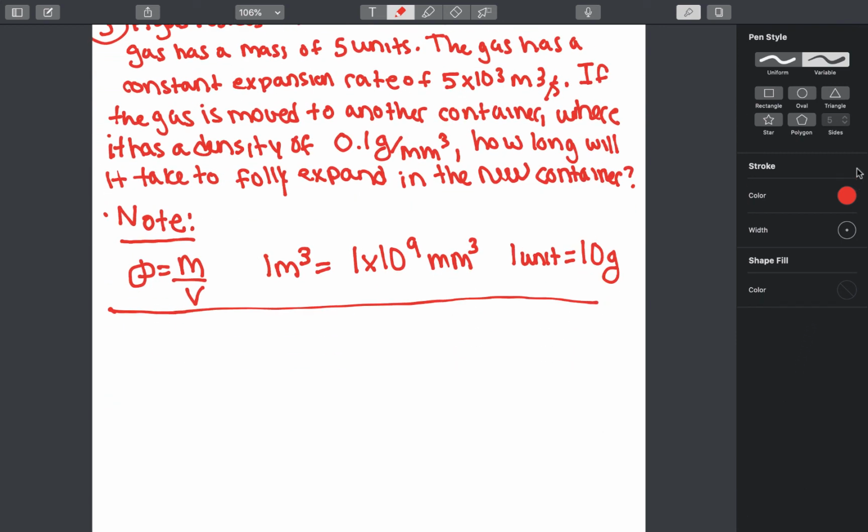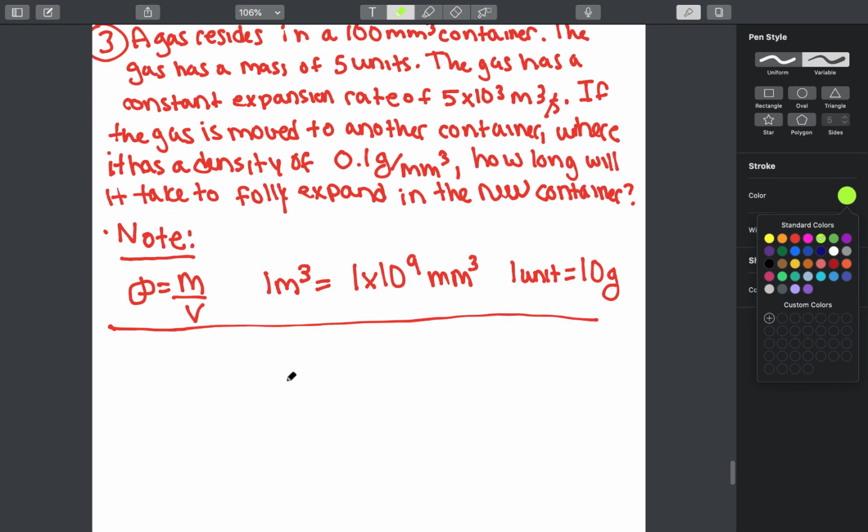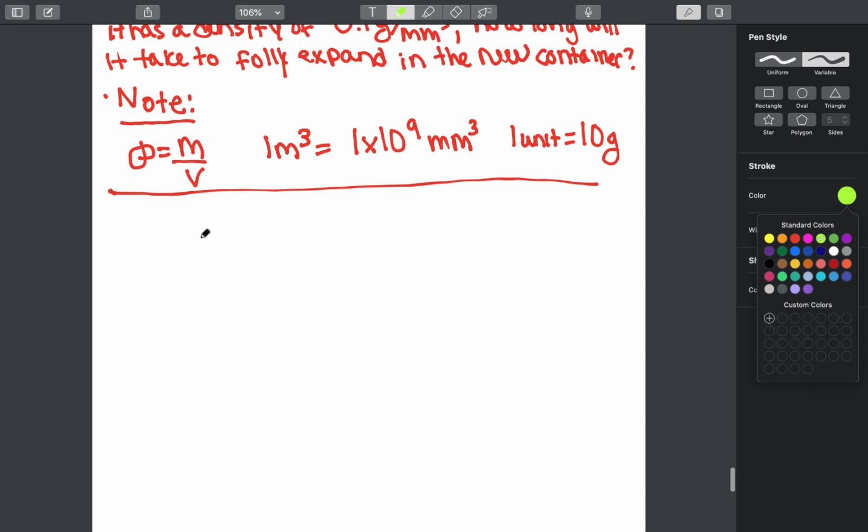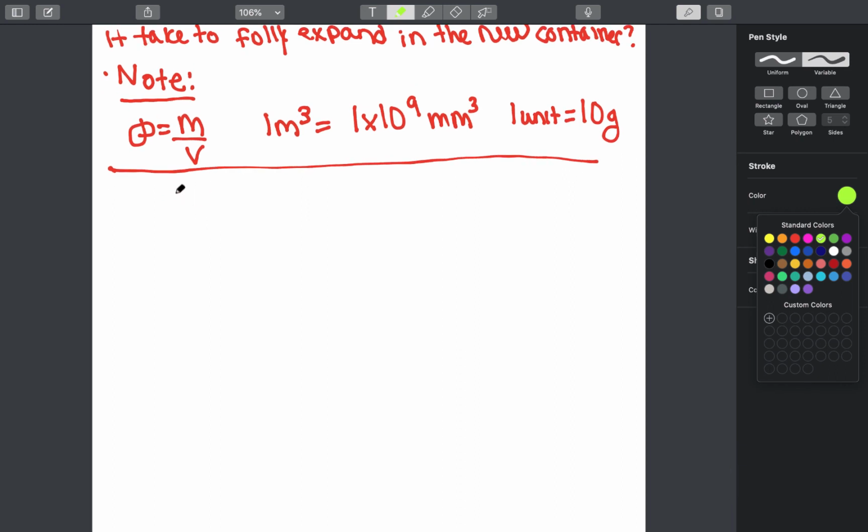All right, so let's just change the color here. Let's see, green will be good. All right, so the first thing that I want to do is let's convert these units into grams, because that will just make more sense, right? So we say we have 5 units, right?